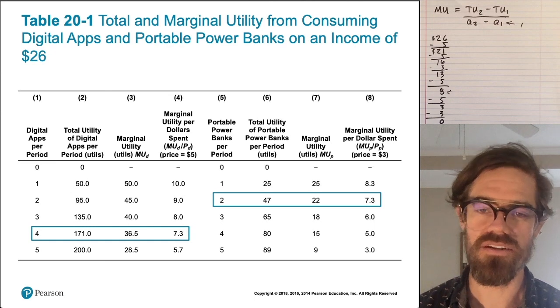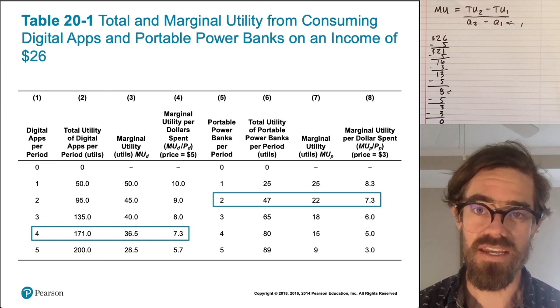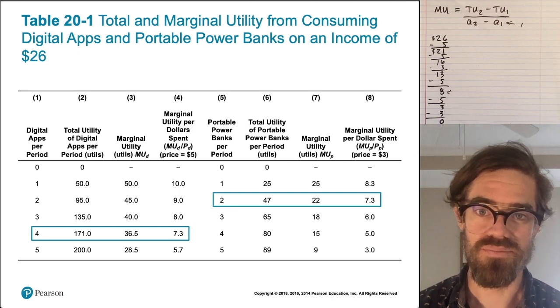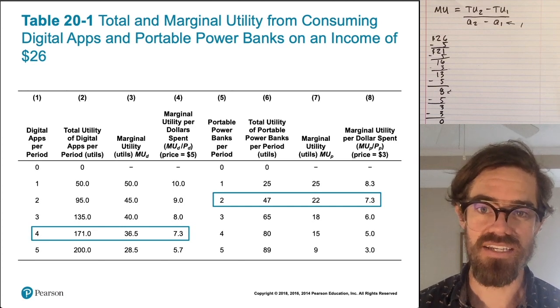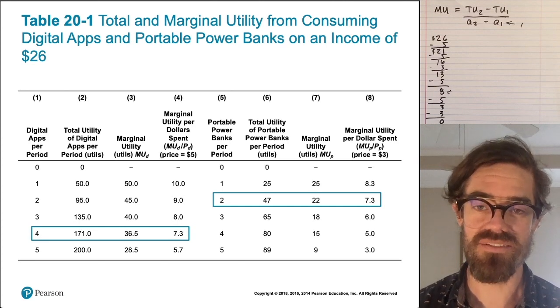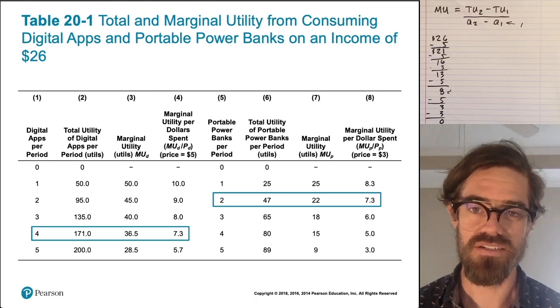You're not making these calculations in your head. You act as if you are making these calculations, right? So that's the interesting thing. Nobody does this in real life, but people act as if they are doing this. When they make choices, they act as if this is what they are doing.